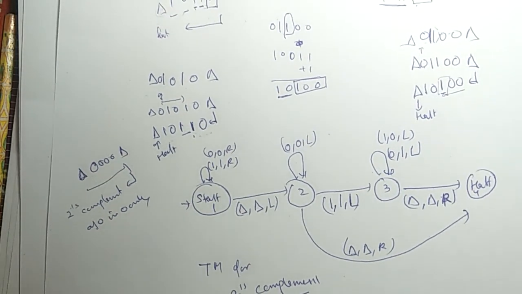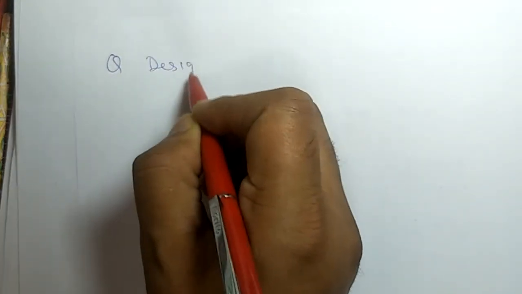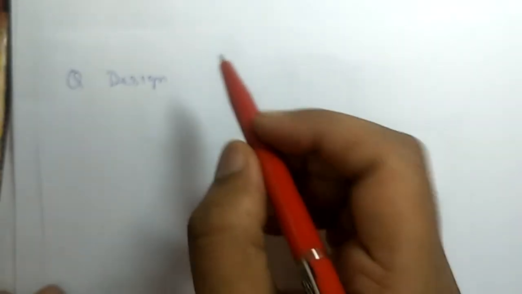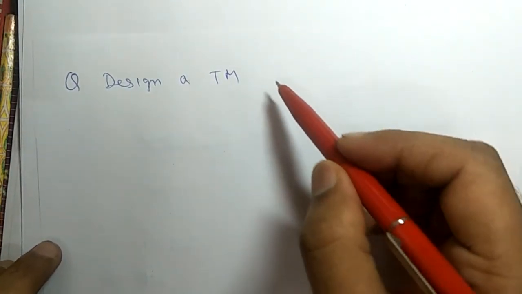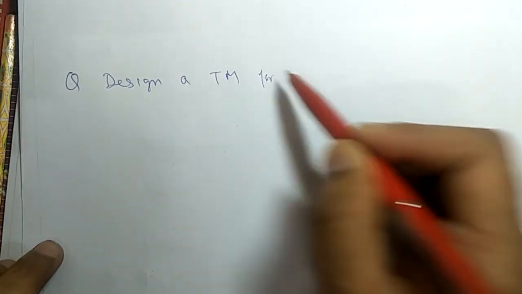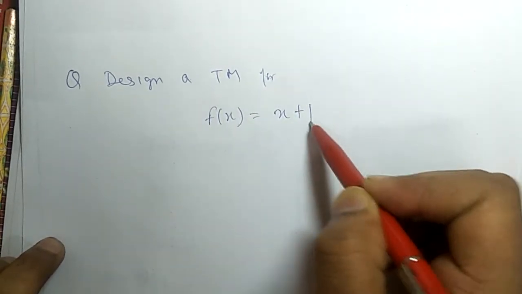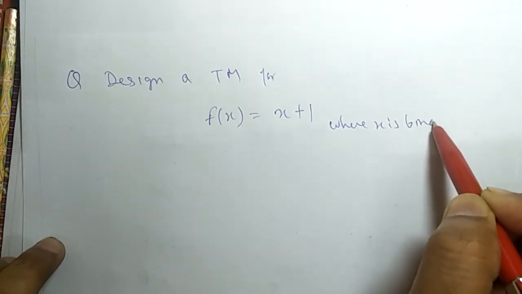So let's move to another example, another machine design: a Turing machine for f(x) = x + 1, where x is a binary number.